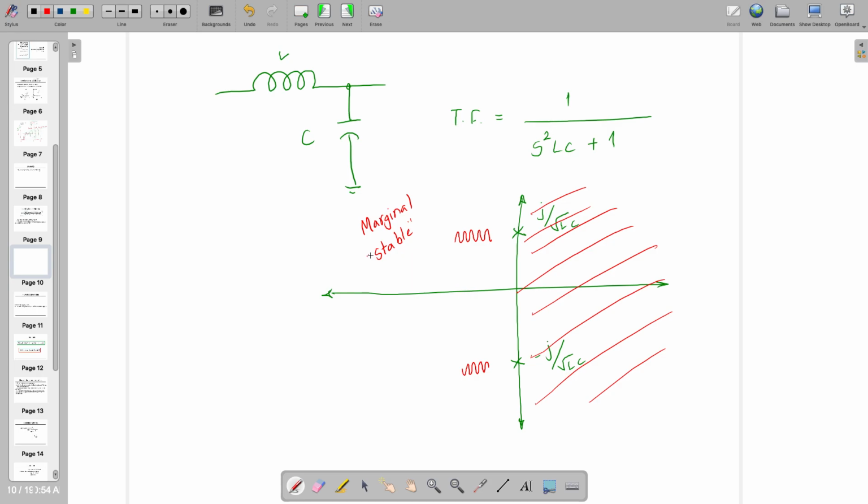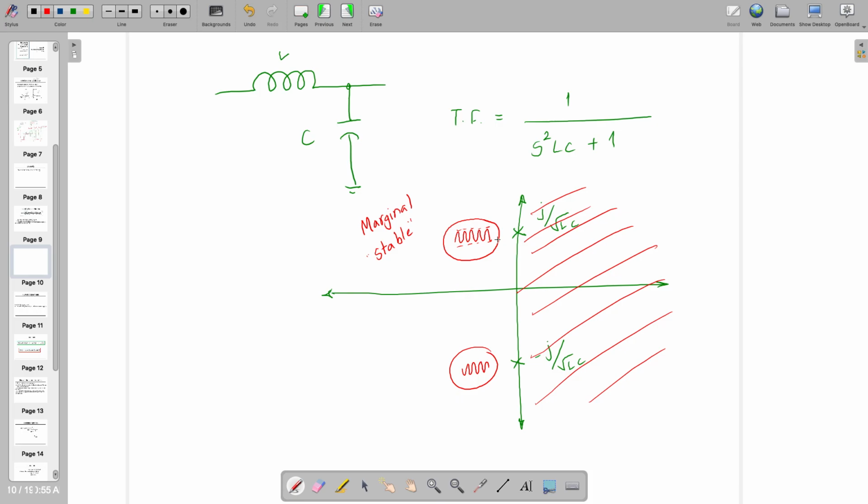So let's keep considering that system as stable, right? Even though in your circuit you will have an inductor and capacitor, which is going to give you marginally stable output, you are going to consider that one as stable. Otherwise, you will not be able to design any system because you will have all RLC circuits, right? So we will consider this one in marginally stable or stable condition, and we'll make a budget of how much oscillation you will have. You will design a circuit in such a way that this oscillation is within your limit or the specifications given to you, right?